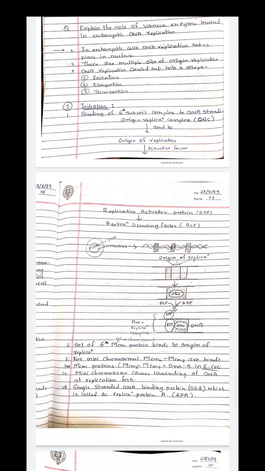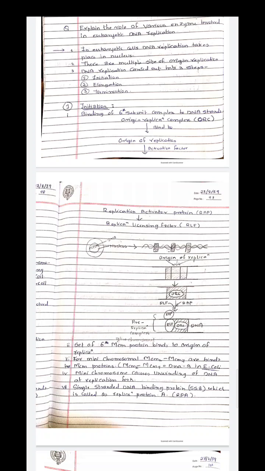In the introductory part, the question asked in the exam is to write down the process of eukaryotic DNA replication, or explain the role of various enzymes involved in eukaryotic DNA replication. For the introduction, you have to write the definition of replication, then how replication takes place in eukaryotic cells.